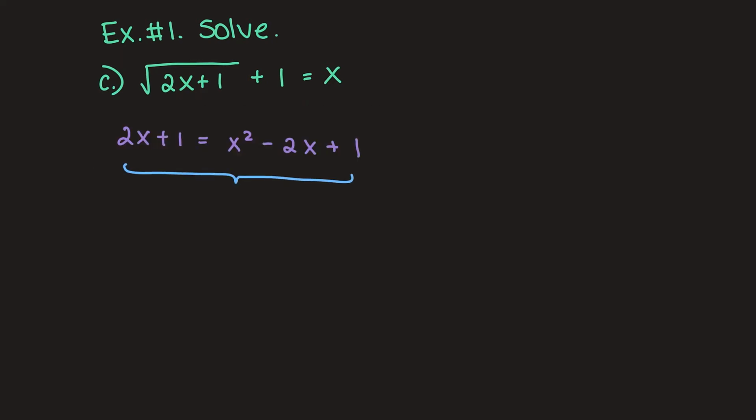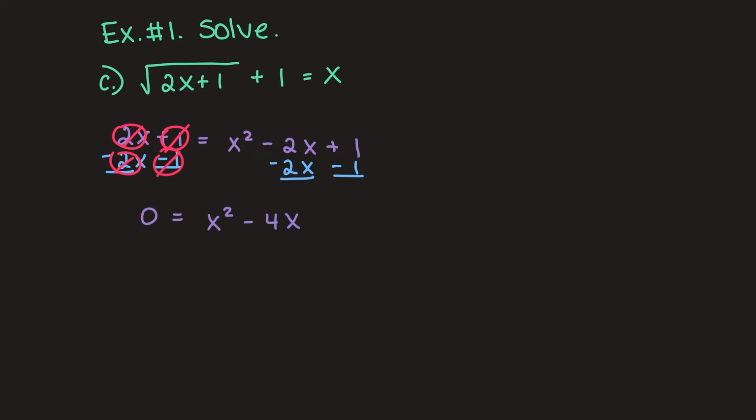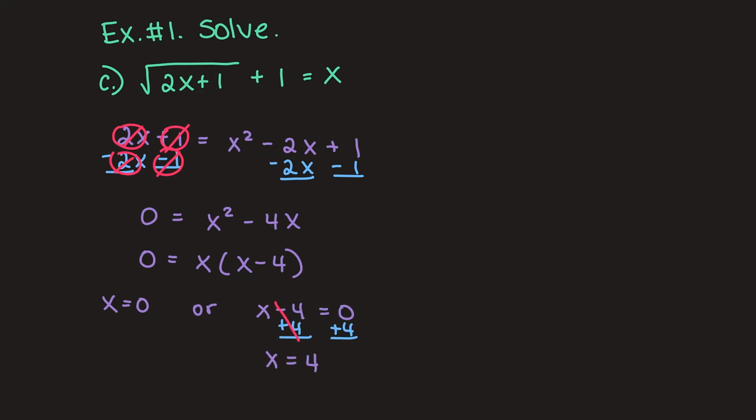And now we have to solve this equation. This time we have a quadratic equation since we have a degree of 2. And to solve the quadratic equation, we will need to get it in standard form first, and then factor the right side and use the zero factor property. This gives us x equals 0 or x equals 4.